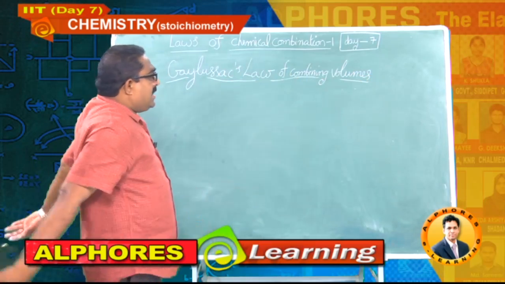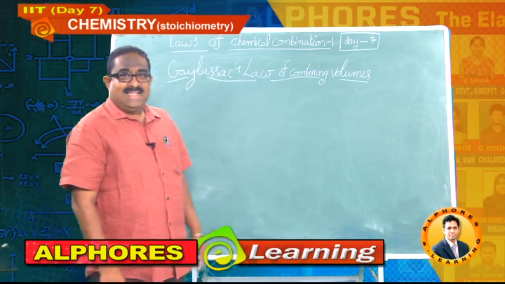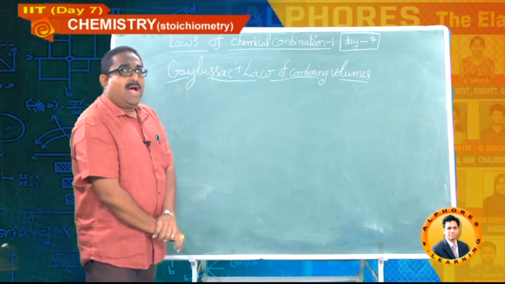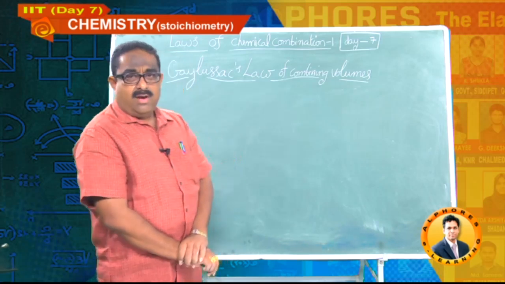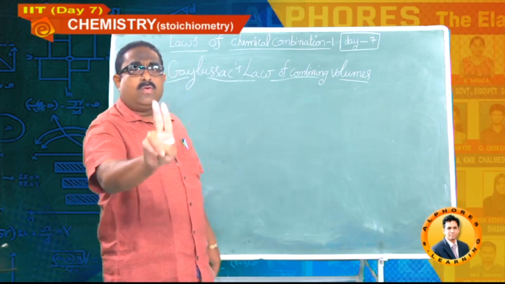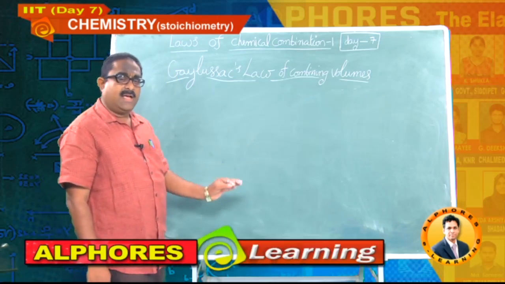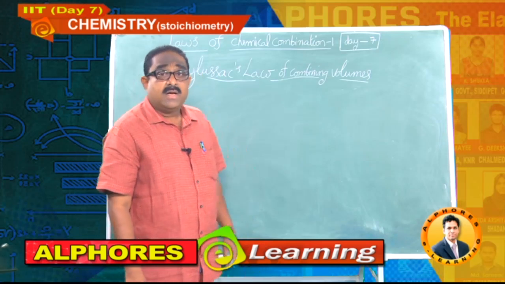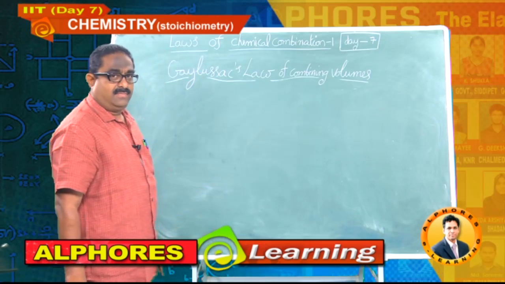This law is also applicable to gas mixtures or chemical reactions which involve at least two gaseous components, either reactants or products. That chemical reaction should possess at least two gaseous components.